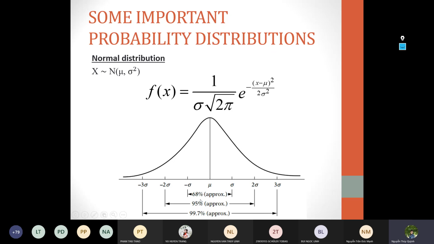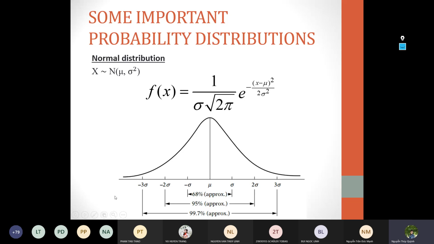95% of the observed values of x will be in the range that is plus or minus two standard deviations from the mean. And almost 100%, 99.7%, of the observed values of x lie in the range of plus or minus three times the standard deviation from the mean.